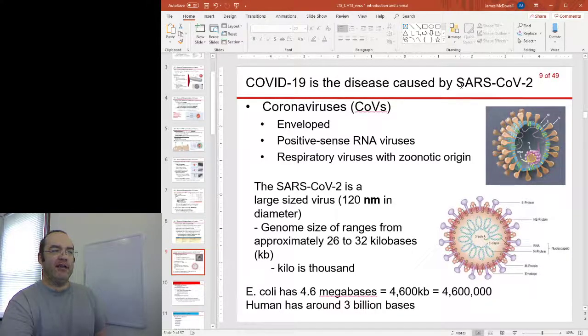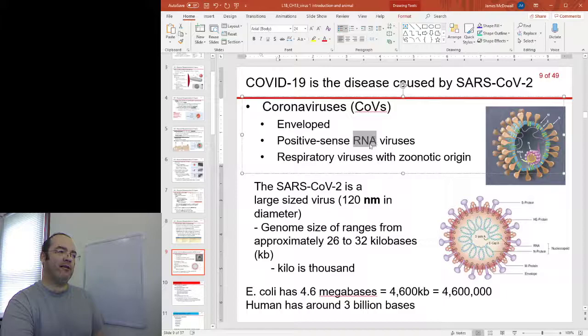SARS standing for Severe Acute Respiratory Syndrome, and the CoV part for coronavirus. 2 because it's the second SARS-like virus that's been discovered. So what do we know about the coronavirus? We know that they are enveloped viruses. We know that they are RNA viruses. And we'll look at what it means to be a positive sense or a negative sense virus later on.